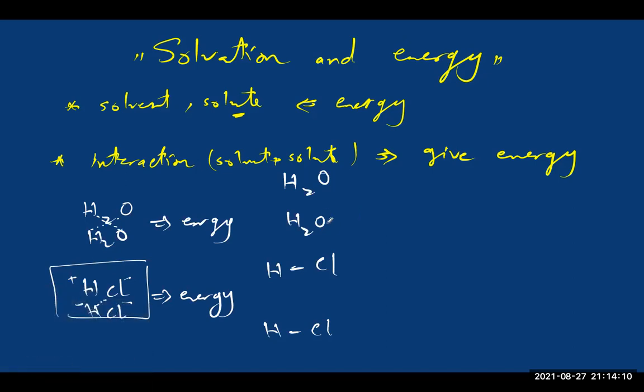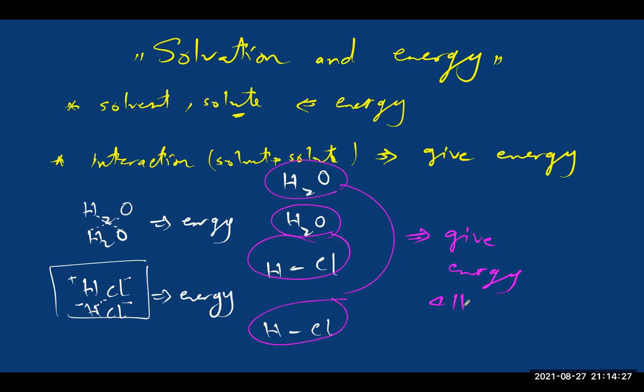So we will make an interaction between this one and this one. We will form a bond here. So if you form a bond, it means that this one will give energy. So delta H here will be negative because this one will be exothermic. And here delta H will be positive because this one will be endothermic.